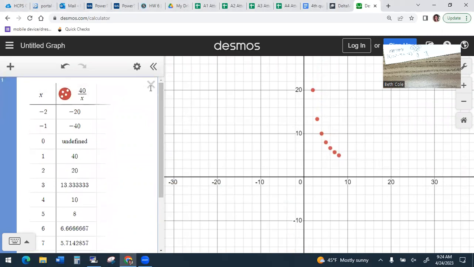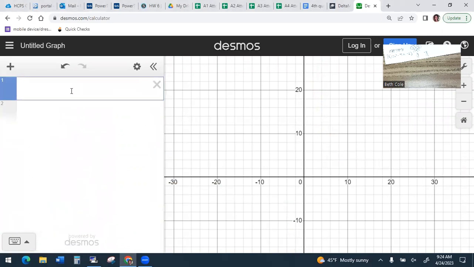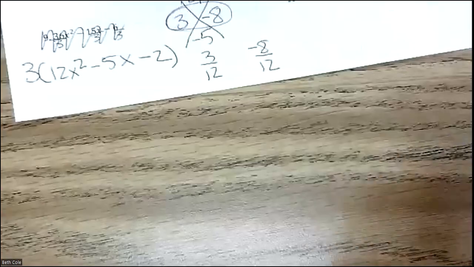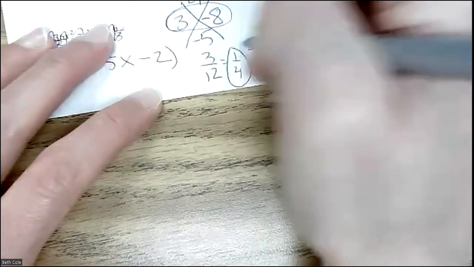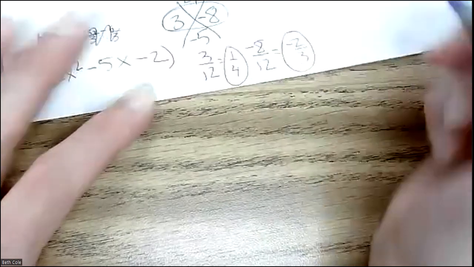I want you to get the right answers. So what is it? 3 over 12, turn it back into a fraction. 1/4. And then the other one was negative 8 over 12, turn it back into a fraction, negative 2/3. The calculator will do it for you. So this one was 1/4, this one was negative 2/3.